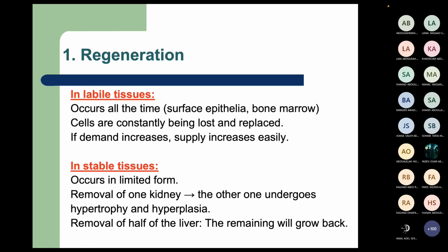But when one person donates one kidney to a relative or someone, the other kidney will get enlarged, hypertrophied, with hyperplasia, and there'll be growth in it. So that is a good example of regeneration in the stable tissue. The other example is the liver. In surgeries like partial hepatectomies or lobectomies, when there's a tumor in the liver, they remove half of the liver, and the other half can also grow. So we'll see these two examples just now.